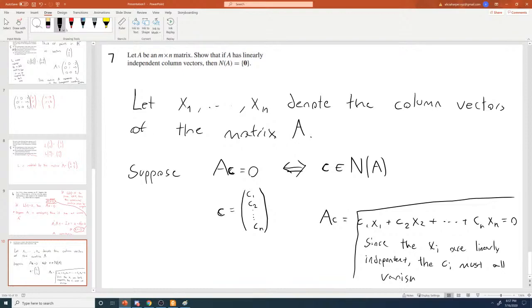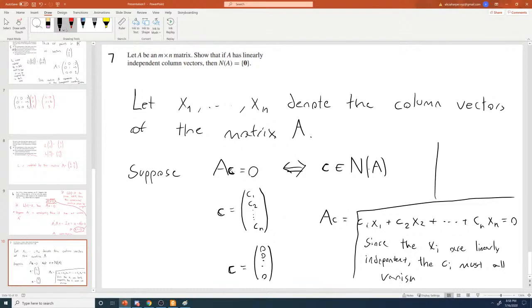So we are able to conclude that c actually has to be the 0 vector, based on the definition of linear independence. So this shows that anytime you have a vector in the null space of A, Ac equals 0, which implies a relation like this, which implies all the components c1 through cn are 0.